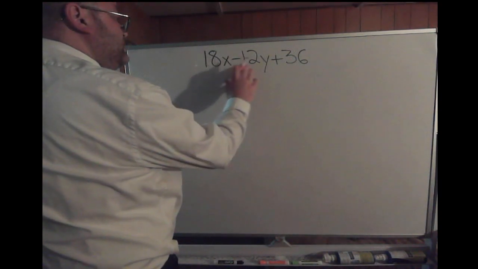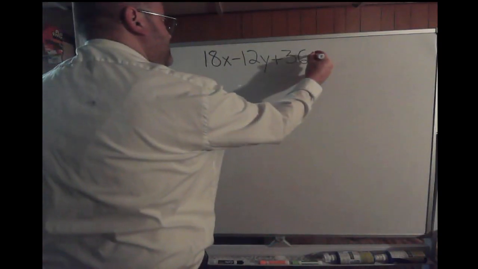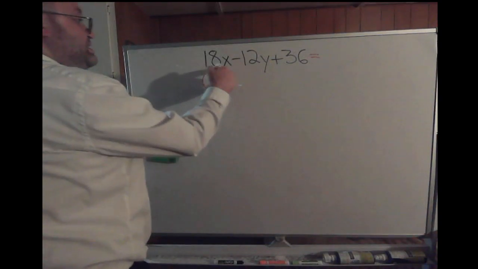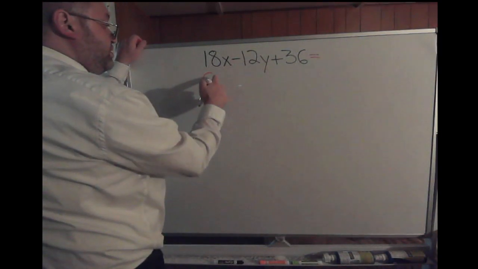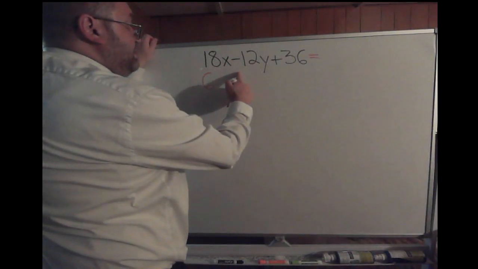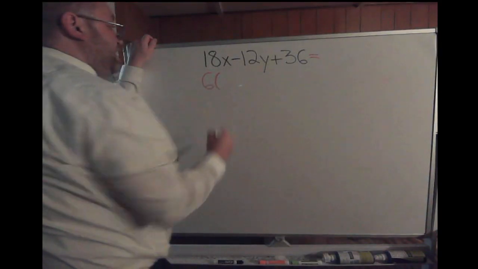What do 18, 12, and 36 have in common? They have a 6 in common. 6 is a common factor of all three, 18, 12, and 36. So 6 will start what's outside your parentheses. Now, are there any variables in common? There are not. So you're done with what they have in common.